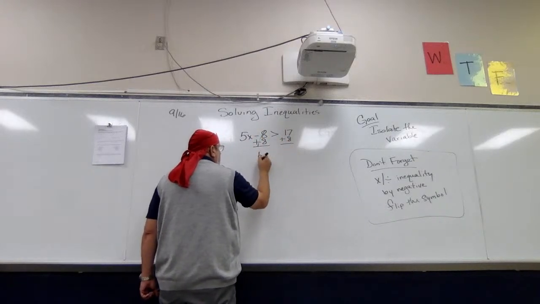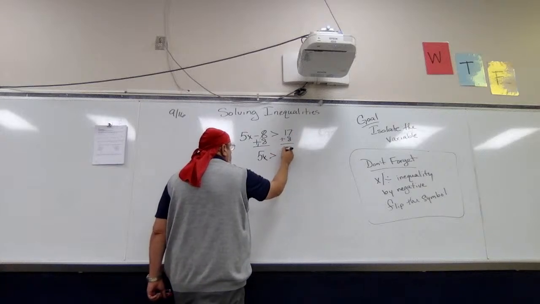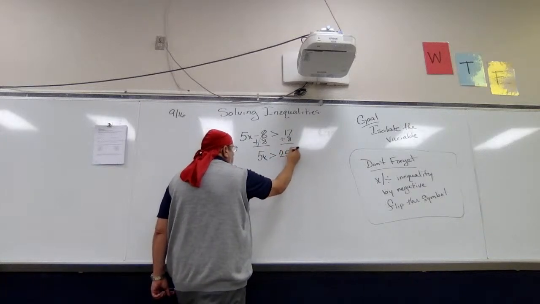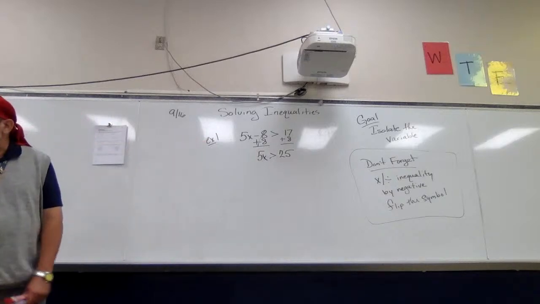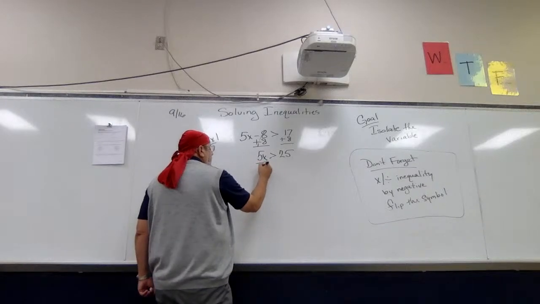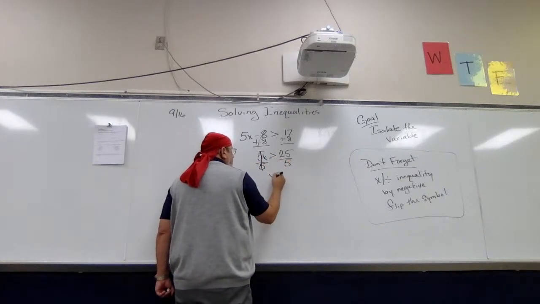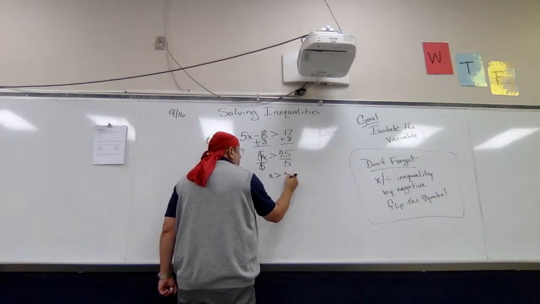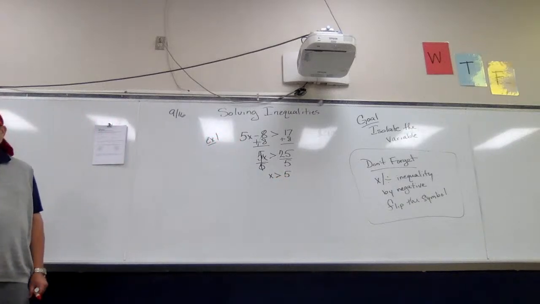And then we're going to have 5x is greater than, what is that, 25? Okay? Next step, we're going to divide, right? Cool. Sionic's mad at me now because I answered for him, but I know he knows it. Never gets mad.